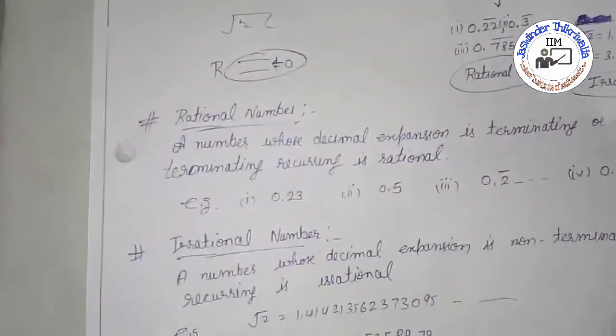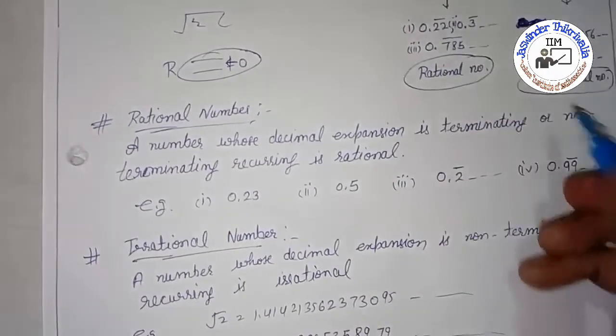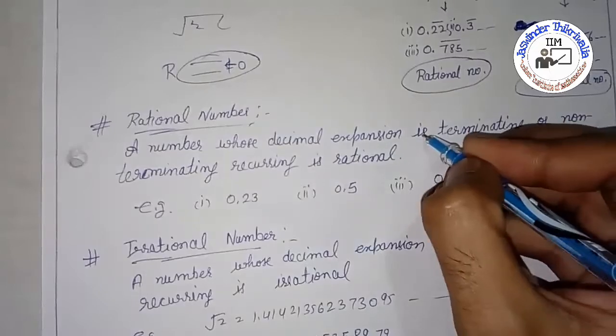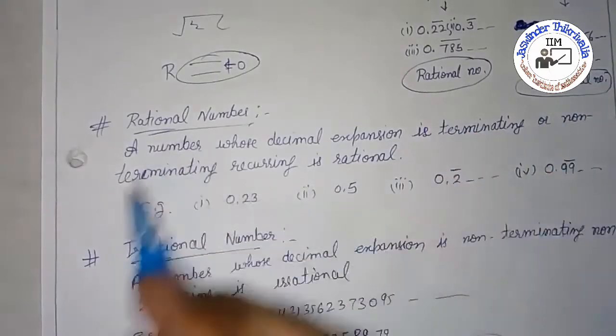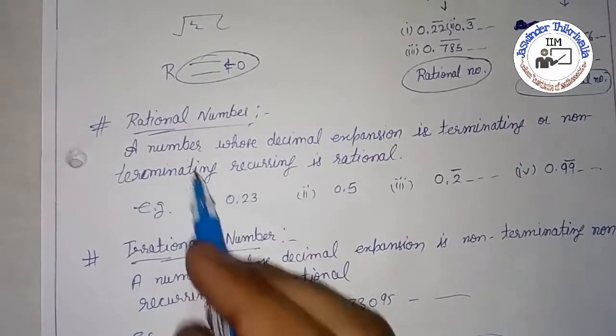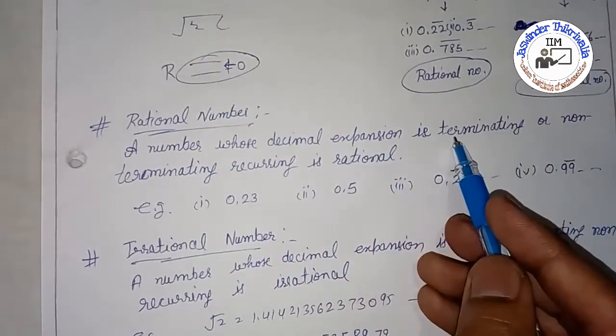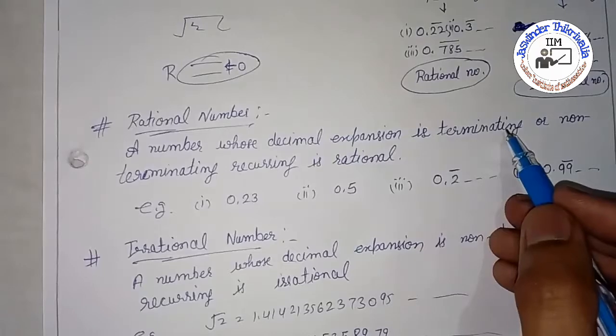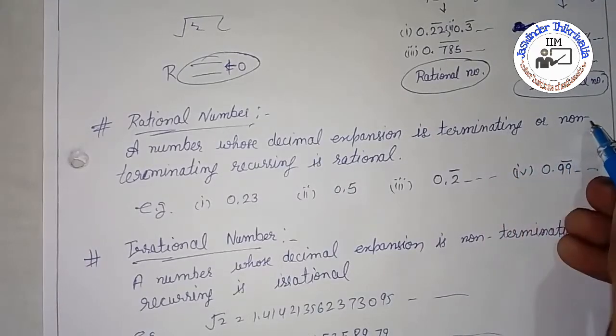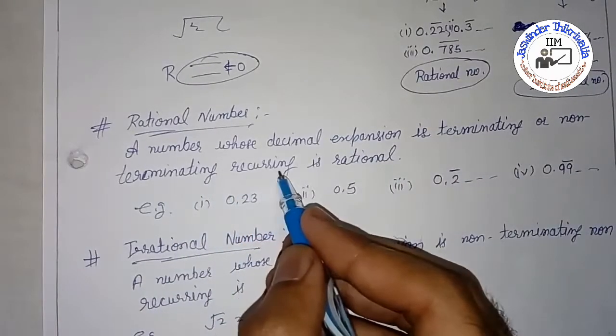So these are the decimal expansions of real numbers. Now their definitions. First, a rational number is a number whose decimal expansion is terminating. That is the first condition. Second, it can be non-terminating and recurring.